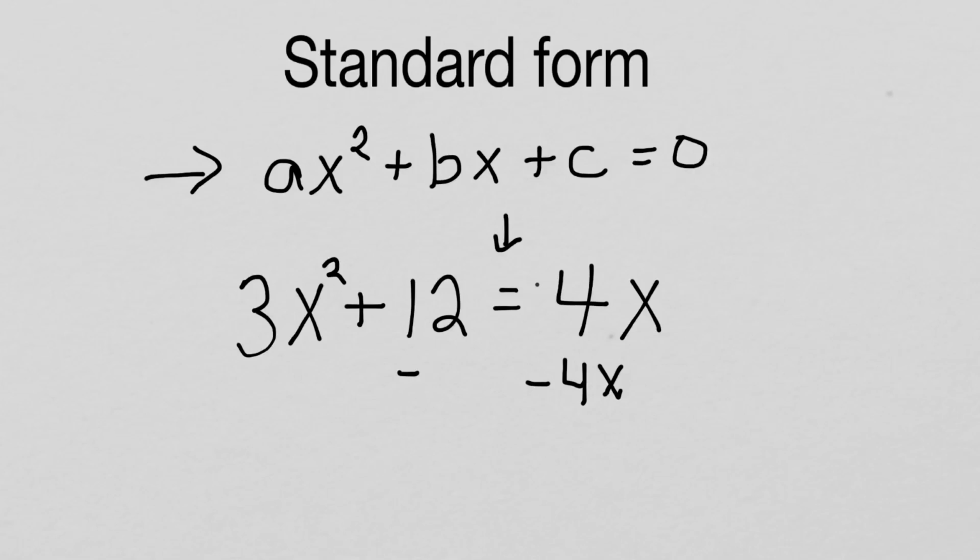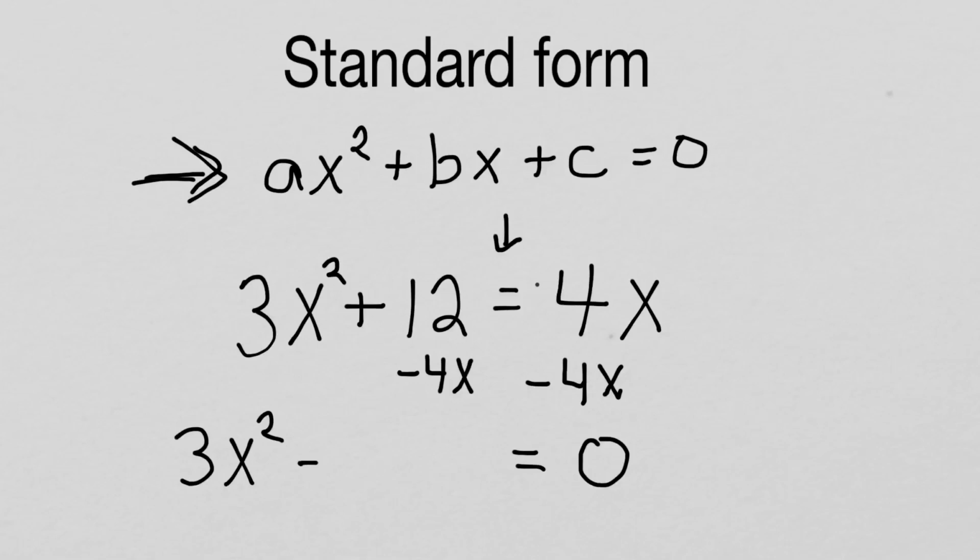But I have to do it from both sides. 4x minus 4x leaves me 0. That's what I wanted. I bring down the 3x squared, and to make it look like standard form, I'm going to subtract the minus 4x here and add 12. It's in standard form.